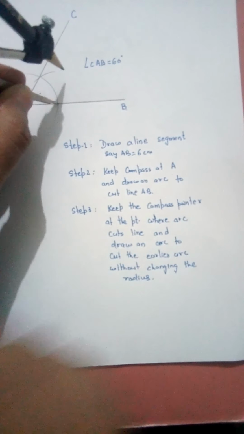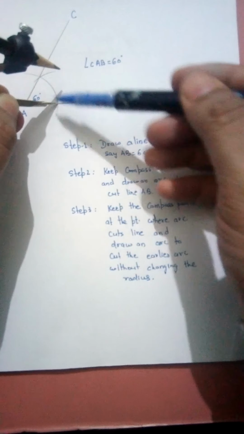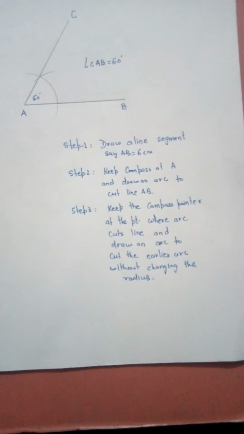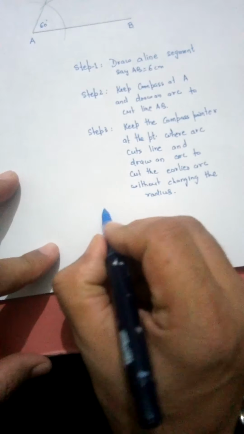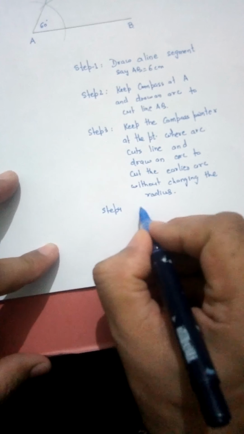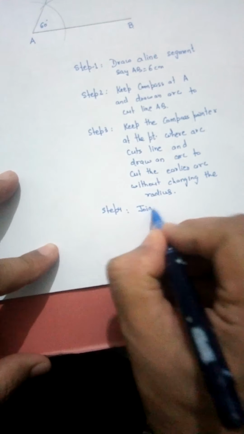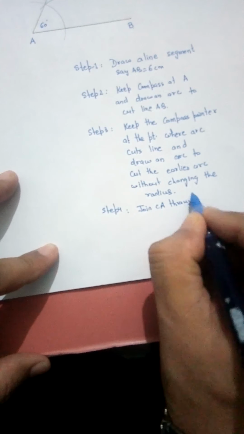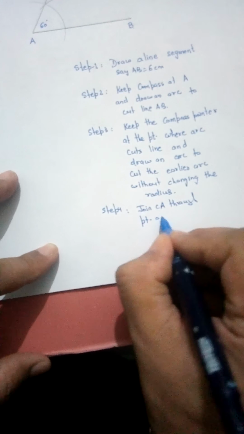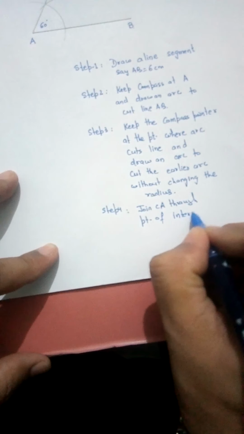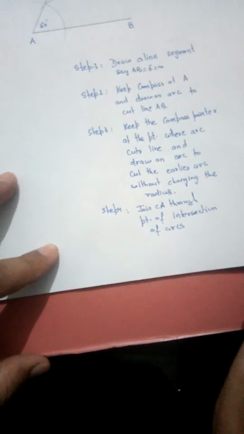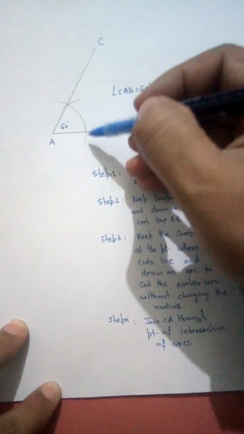the earlier arc. So see, what was the earlier arc? This was the earlier arc. So I am cutting the earlier arc, correct? Without changing the radius. This radius is same. And last step is join CA through the point of intersection of arcs, because this is one arc and this is the other arc.